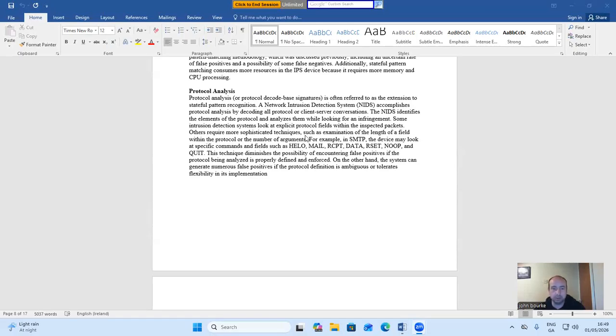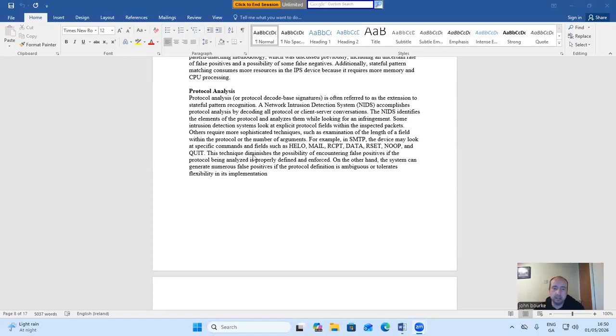Others require more sophisticated techniques such as examination of the length of a field within the protocol, or the number of arguments. For example, in SMTP, the device may look at specific commands such as HELO, MAIL, RCPT, DATA, RSET, NOOP, and QUIT.